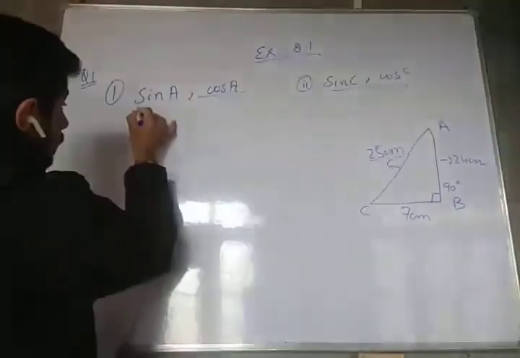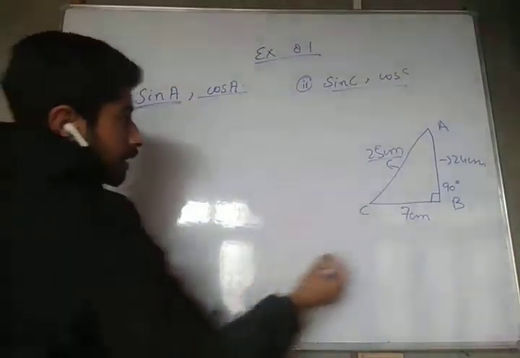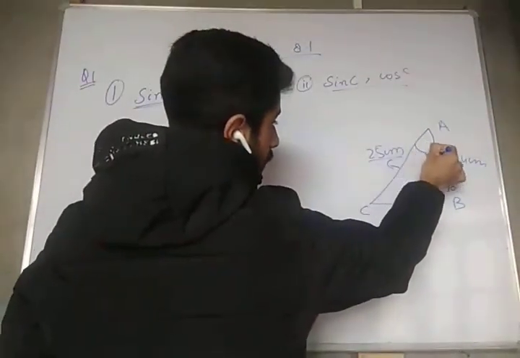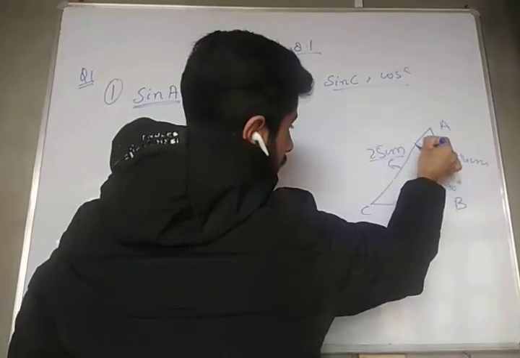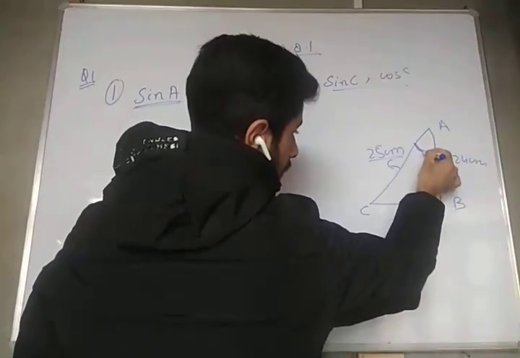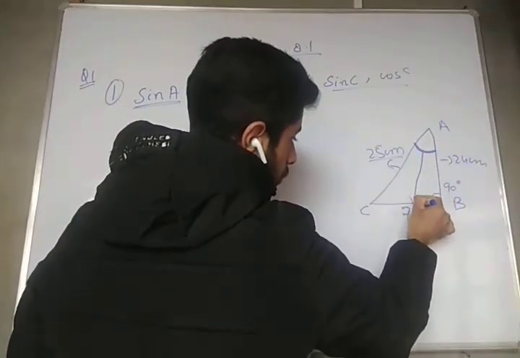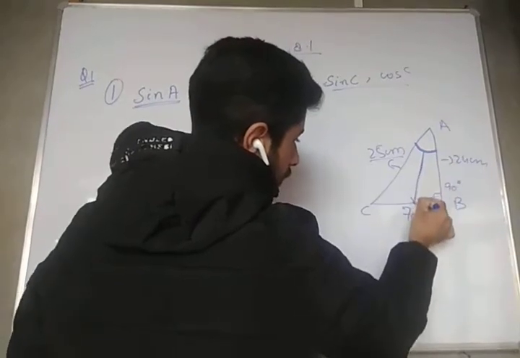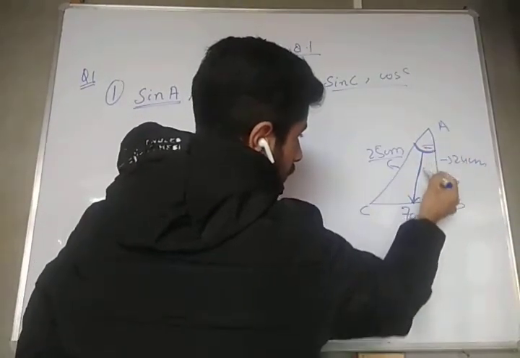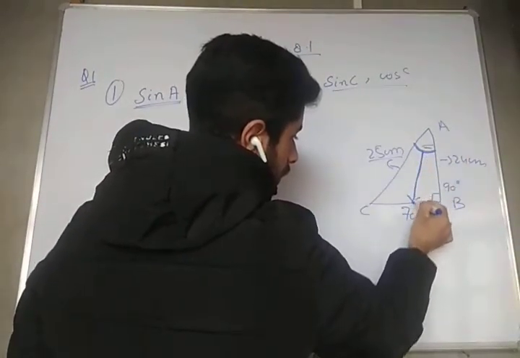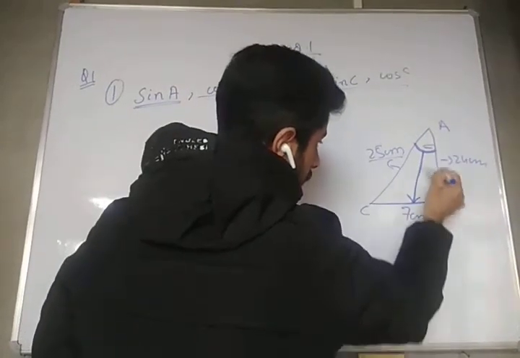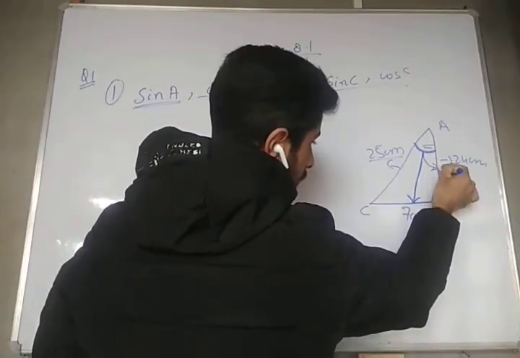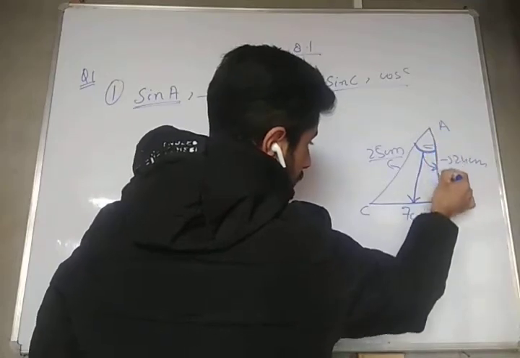Now first of all, let's evaluate sine of A. That means we have to get sine of this angle. As I have discussed, the side opposite to the angle of consideration is our perpendicular, and the side adjacent to it is our base.